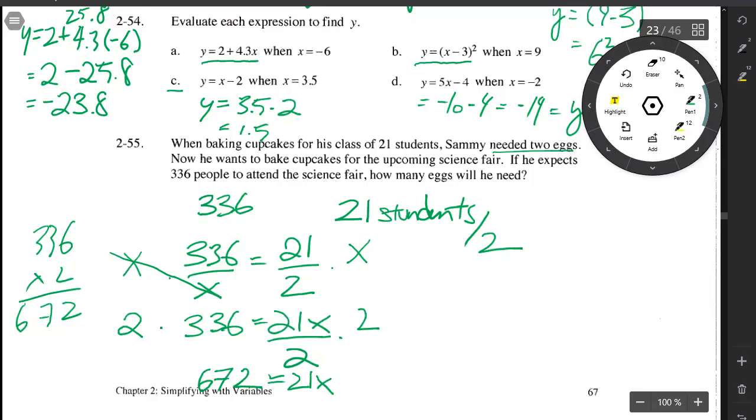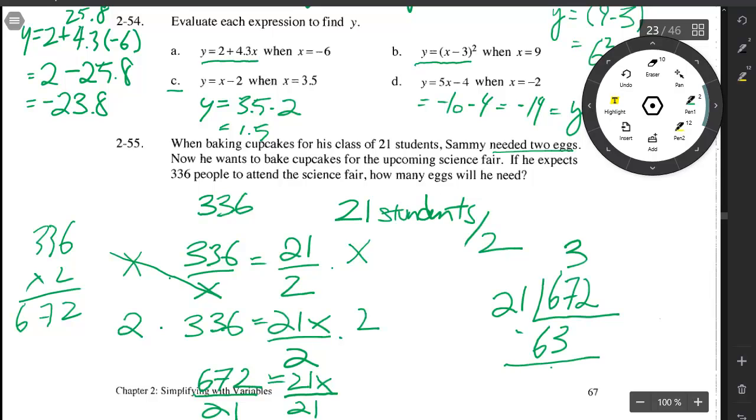To get the x by itself, we divide by 21. What you do to one side, you must do to the other side. So that's 672 divided by 21. So 3 will go in. That's 63. 42 is left. That evens out to be 2.